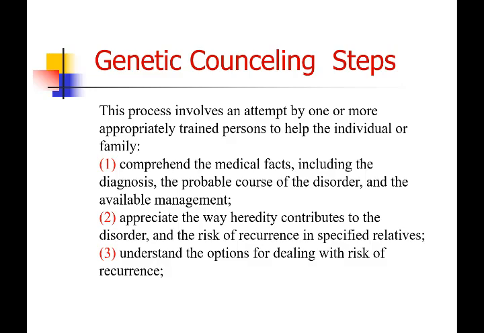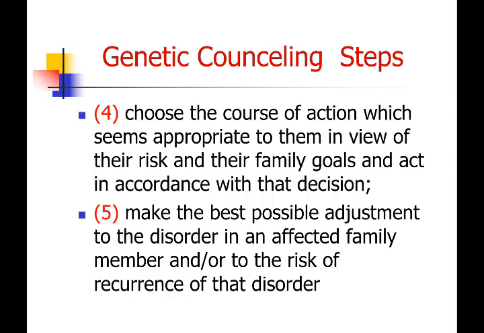If the embryo is healthy without mutation, then we will implant it in the uterus of the lady. So this is a second option. When we talk about understanding the options for dealing with the risk of recurrence, this is what I mean, that you need to be aware of various routes that they can take to have a healthy baby.